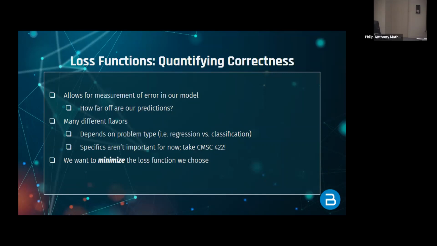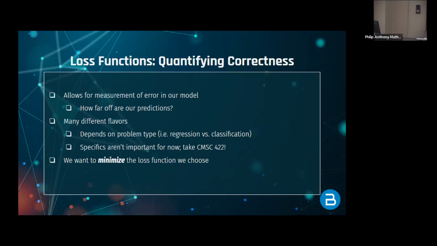For example, if you're doing regression, which is basically when you have some sort of continuous output, like trying to predict house prices based on the characteristics of a house. That's a regression problem because a house price isn't just 10,000, 20,000, 30,000. It could be anything from 0 to whatever you want.